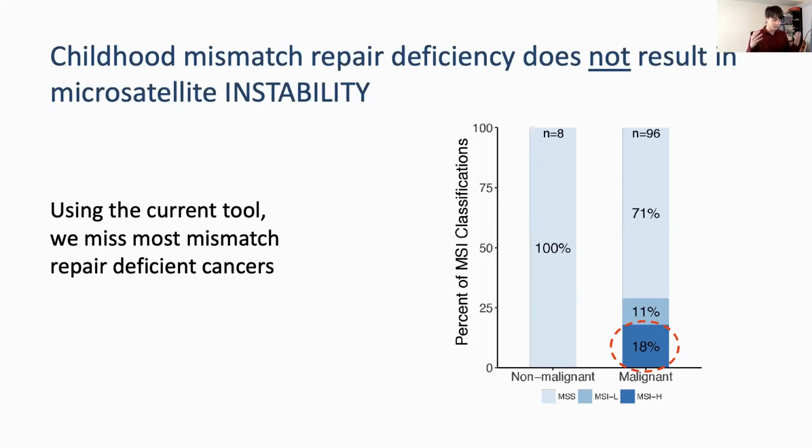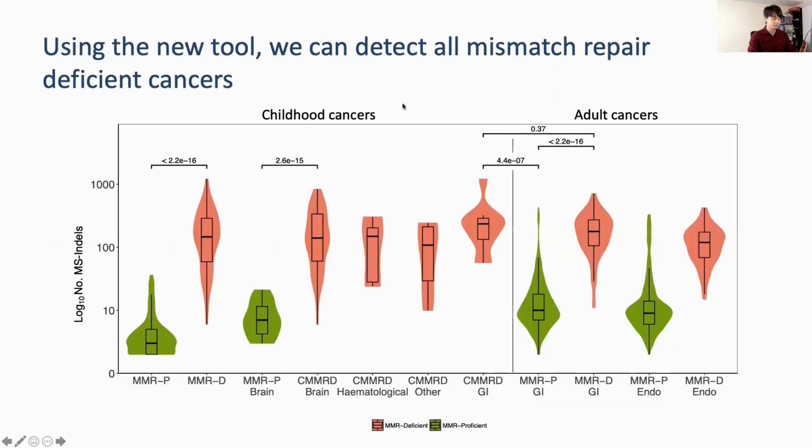But we thought that maybe just using the 5 loci is not enough to detect what's really going on in these cells. So we took a new tool and we detected all 23 million microsatellites that exist in the genome. And indeed, we were able to find the mismatch repair deficiency or the microsatellite indels in childhood cancers with replication repair deficiency.